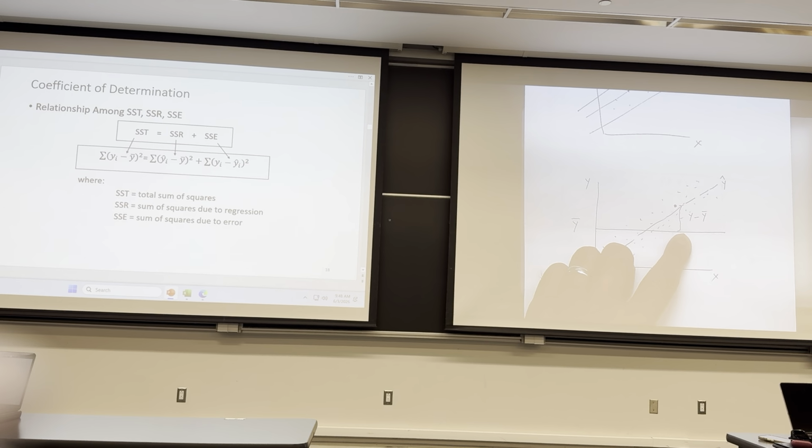If you use mean as an estimate, the mean is over here, the actual value is over there. So your error is y minus y bar. Can you see that?